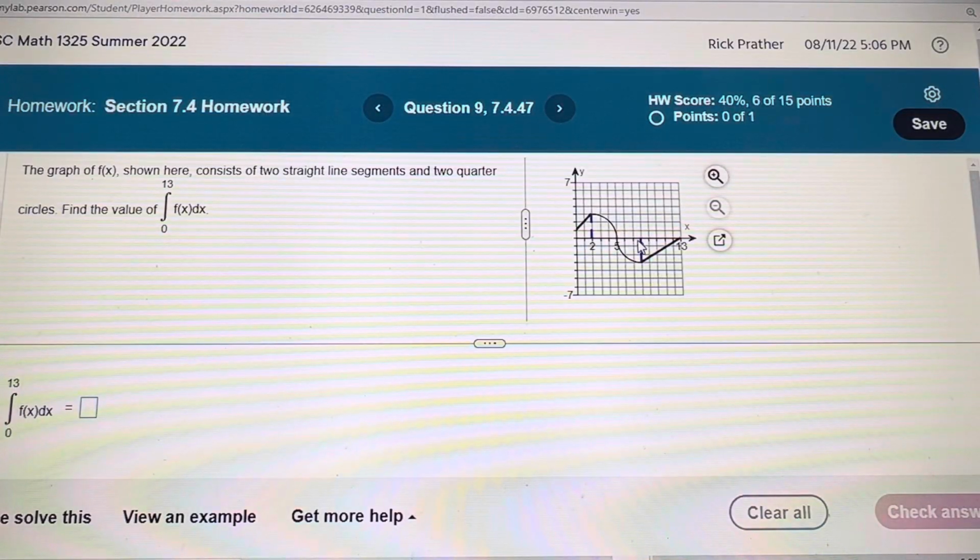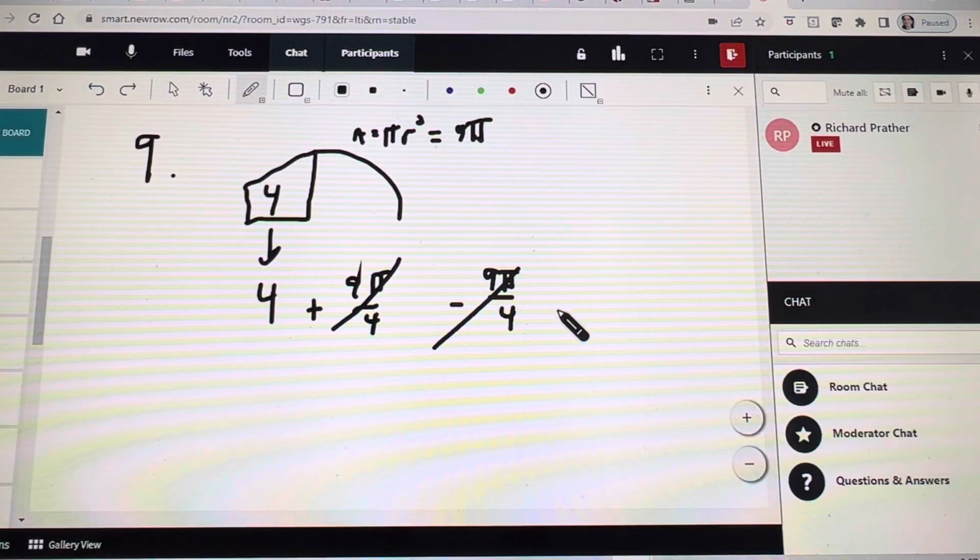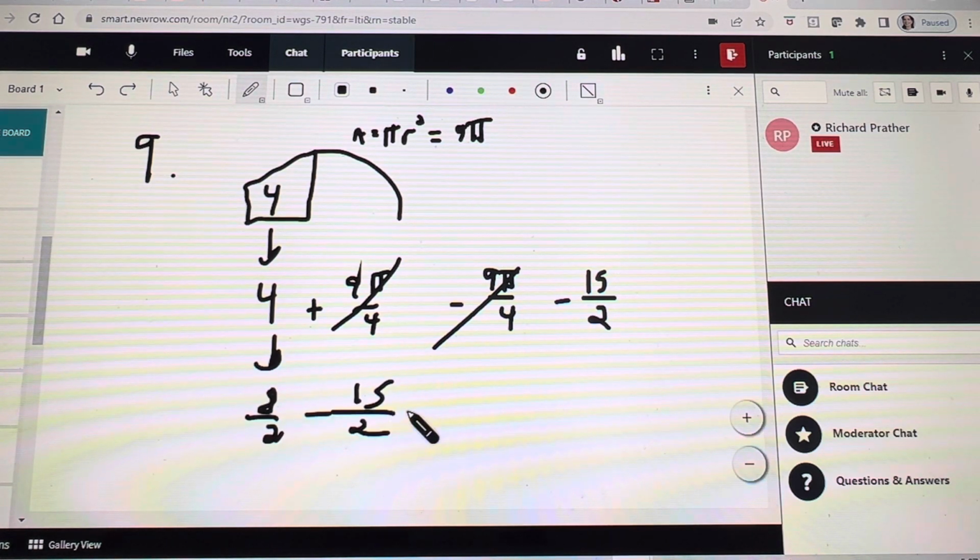And then finally I have a triangle that's got a height of 1, 2, 3 and a base of 1, 2, 3, 4, 5. 1/2 base times height is the area of a triangle. 1/2 3 times 5, that's 15 over 2. And it's below the x-axis, so negative. So 4 is 8 over 2 minus 15 over 2 is negative 7 over 2.